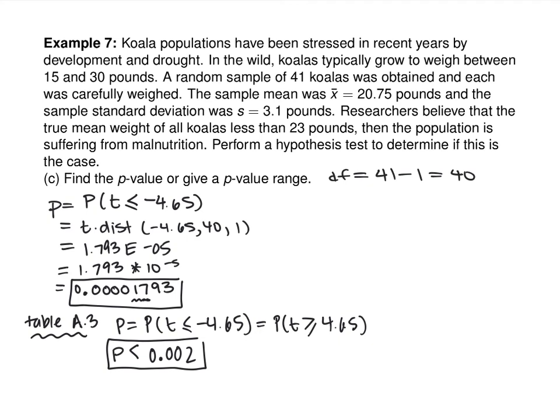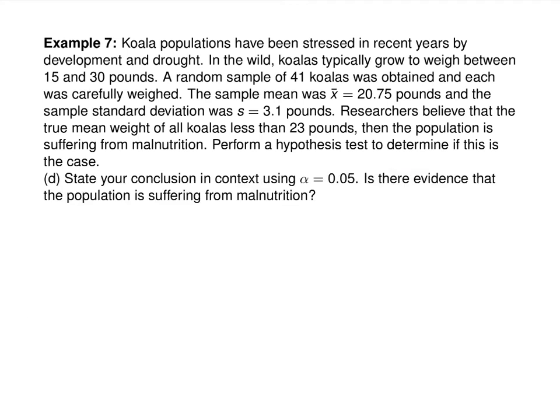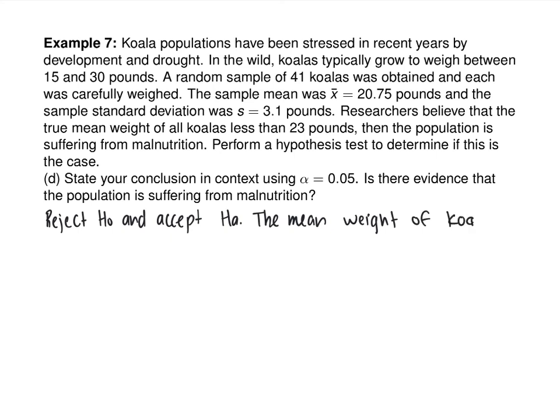So state your conclusion in context. So we reject H naught, and we accept HA. And what HA is that the mean weight of koalas is less than 23 pounds.